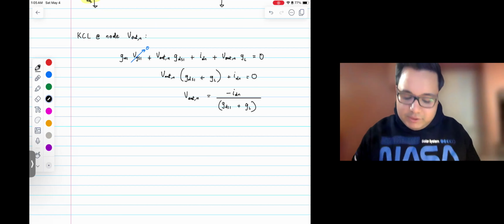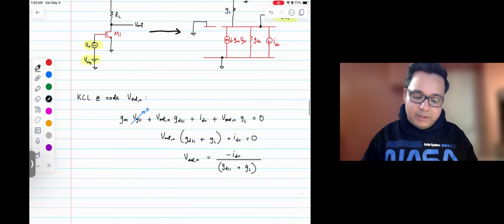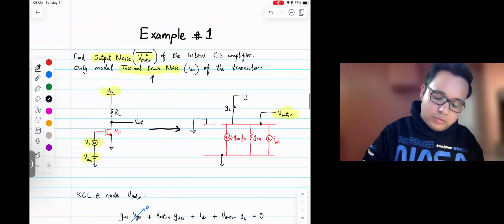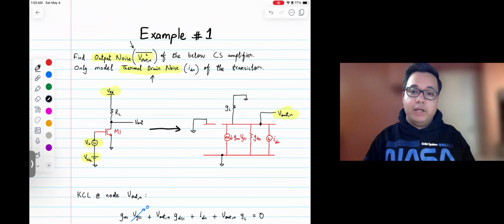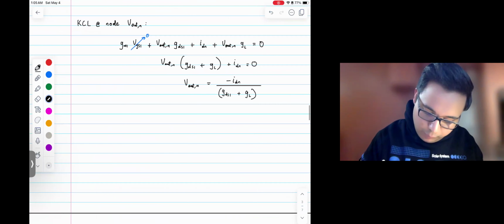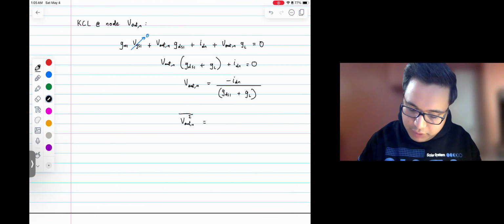All right, so that's the output noise voltage, but remember, we're trying to look for the mean squared output noise voltage, right? So we can take the mean square of this expression, V out N mean squared, and so here it would mean multiplying IDN with its conjugate.